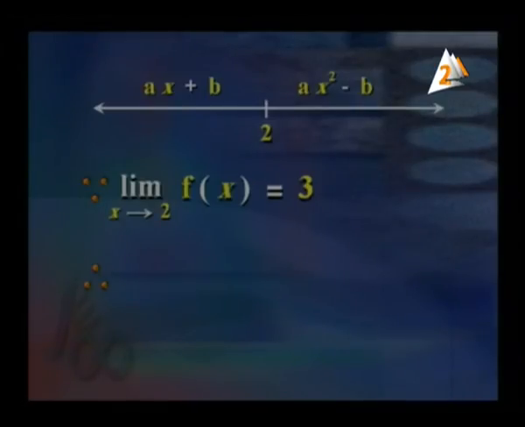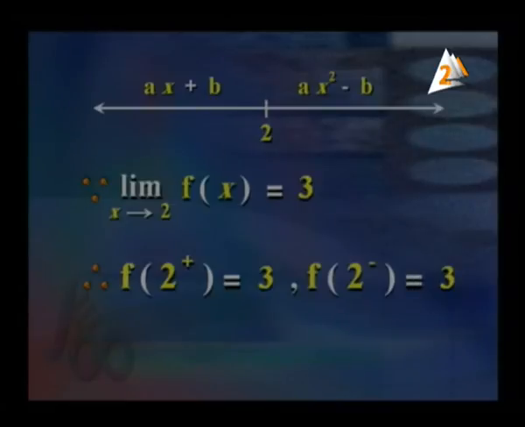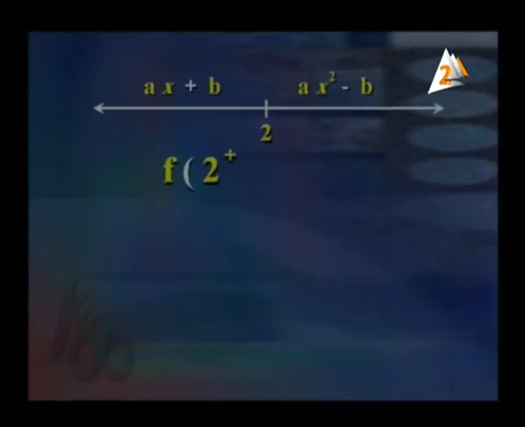Yes, excellent student. f of 2 positive equals f of 2 negative equals 3. By substitution of x equals 2 in the right function and in the left function, we find a and b. Look, dear student: f of 2 positive equals 3, f of 2 negative equals 3.